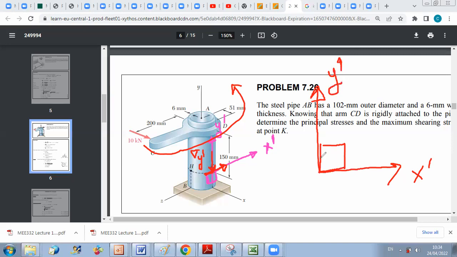This is our element of interest. On this element, sigma y is negative because it leads to compressive effects. So this is sigma y prime.